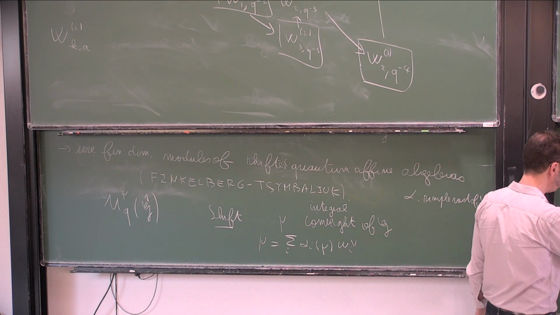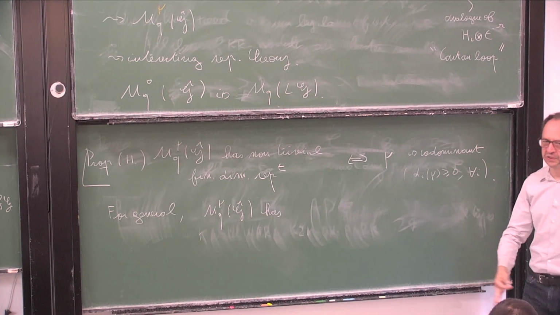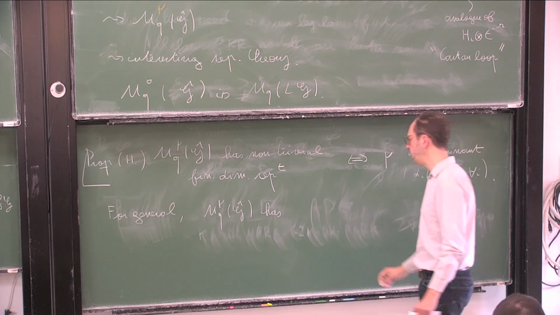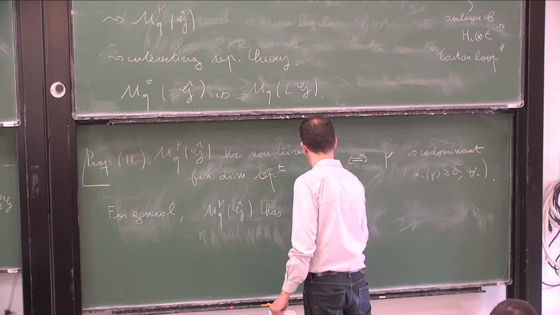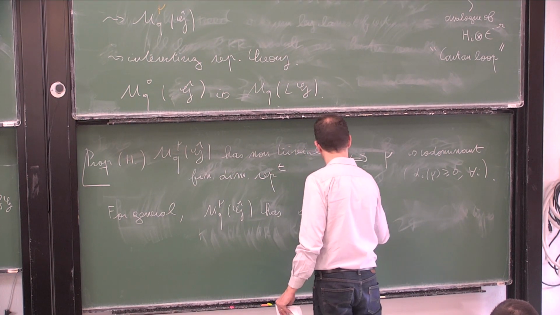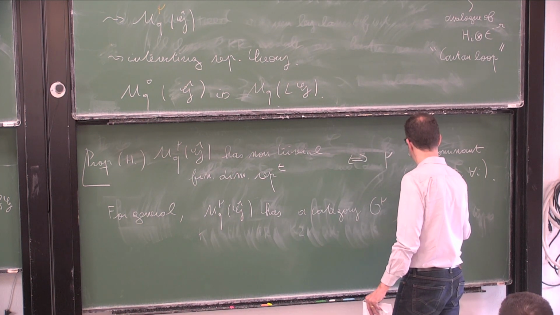So maybe to understand them, there is also a category O that we will use later. So maybe I can say that for general μ, even if it's not codominant, there are still interesting representations. They will not be finite dimensional in general, but there is a category O_μ.